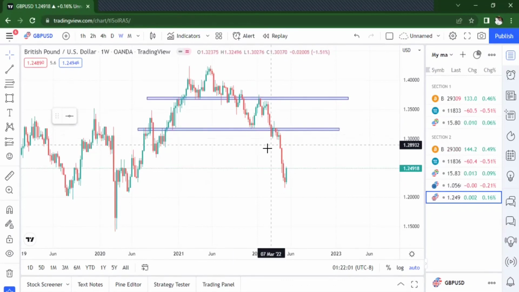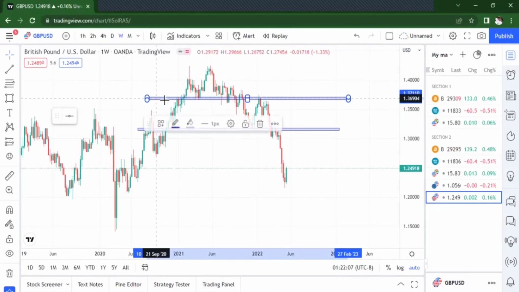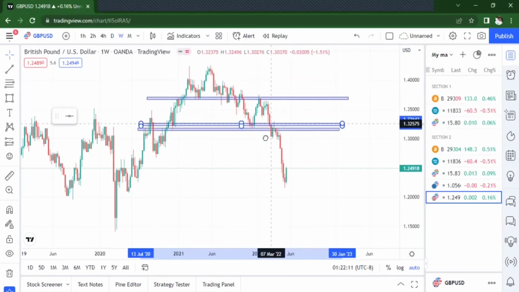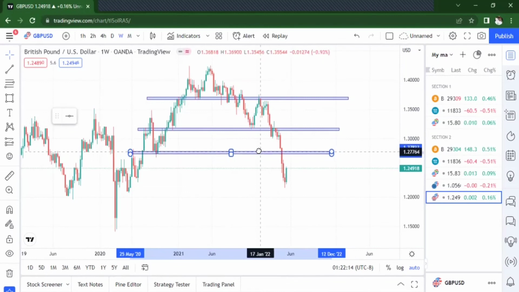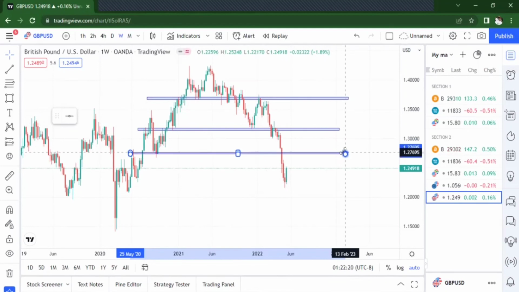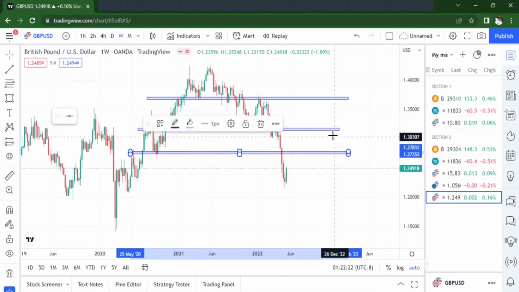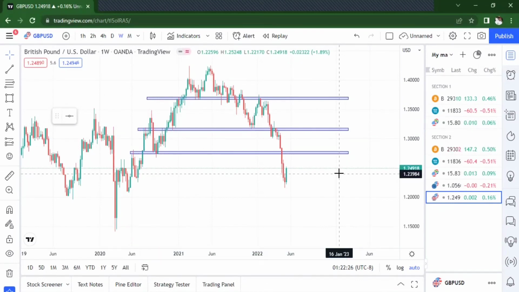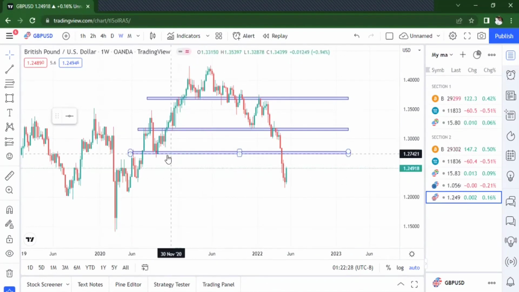And I knew that once this guy breaks here, the next zone GU is coming to is here. Yes, this is like the first zone it should get to. Then the next zone is here.